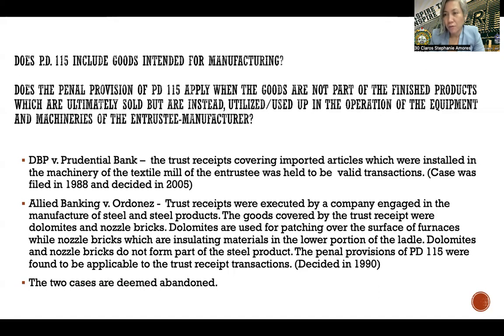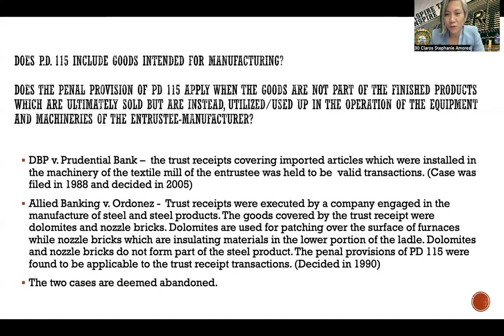In the Allied Banking versus Ordonez case, wherein trust receipts were executed by a company engaged in the manufacture of steel and steel products, it was held that the goods covered by the trust receipt, which were dolomite, beach sand, Manila Bay.